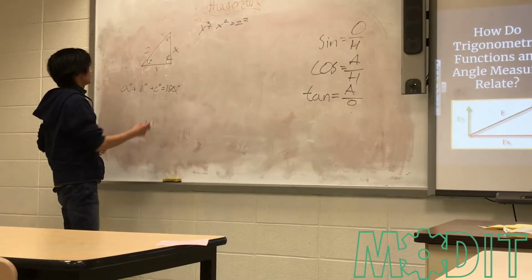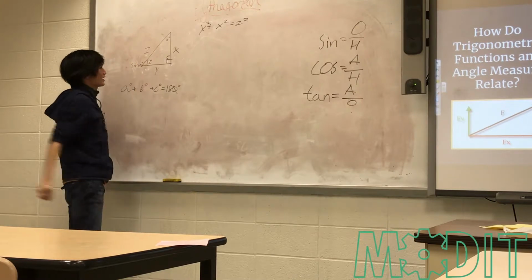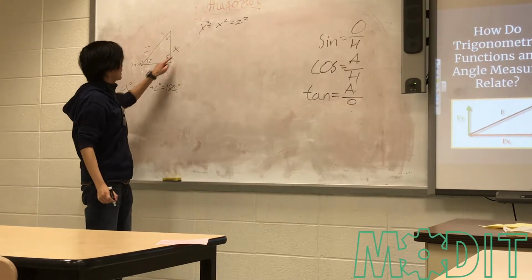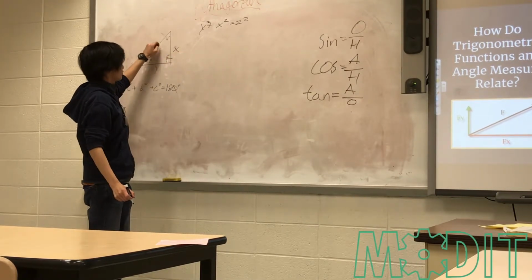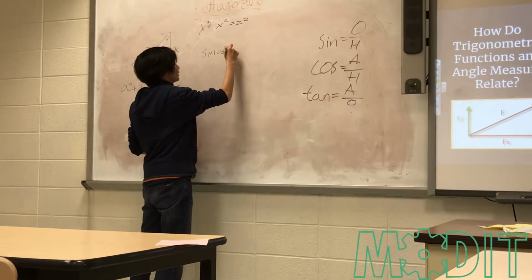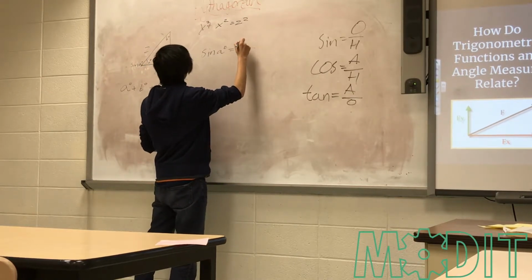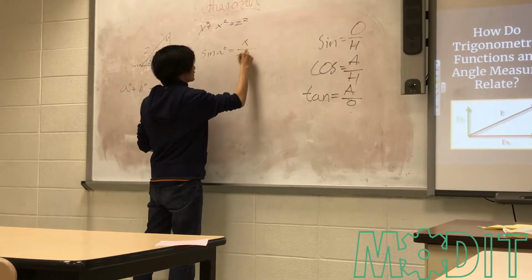And you wanted to find sine of angle A. Well, since you have the opposite, which is x, and the hypotenuse, which is c, you find sine of angle A is equal to x over c.